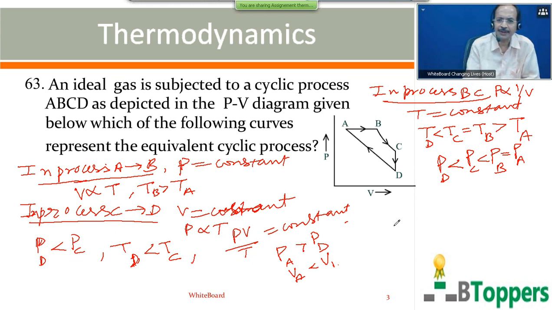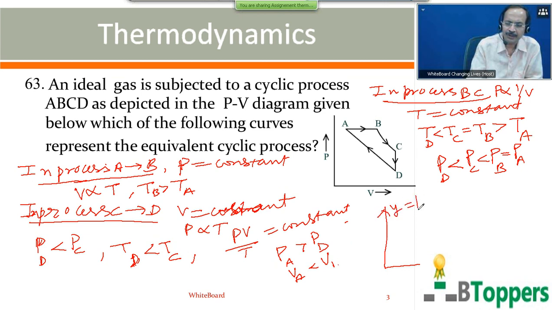So you are asked to show, you have to find the PT diagram. That means you have to show pressure along y-axis and temperature along x-axis. So in the process A to B, temperature of the gas is increasing, pressure is constant.